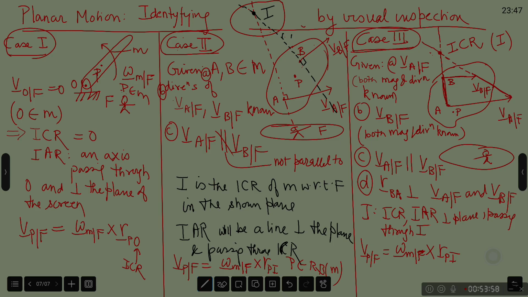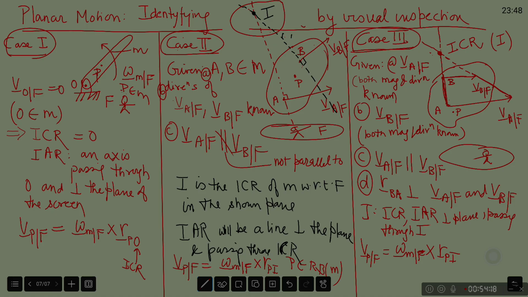Similar thing is happening here. I am able to locate I, but it seems to be falling outside the body. Indeed, that may happen for many bodies in planar motion, that I will not lie on a material point.